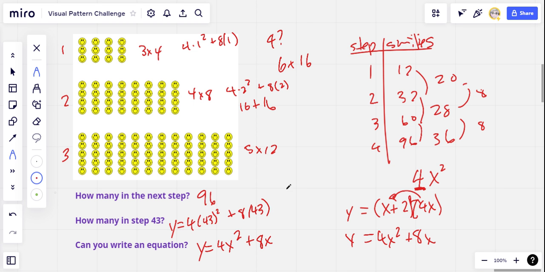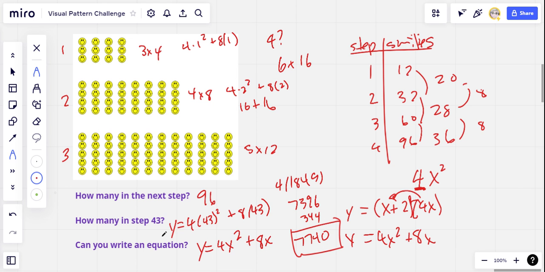And let's see, 43 squared is 1849, and we want to multiply that by 4, and that's going to be 7396. And then we've got 8 times 43, let's see, 8 times 40 is 320, plus 24, so 344. And if I add all that together, I should get 7740, I think. Might want to double check my arithmetic on that one, but that's how many smileys I think are going to be in step 43.